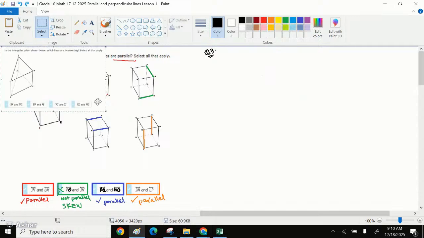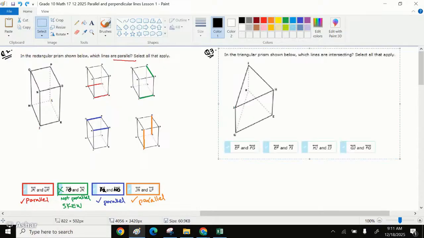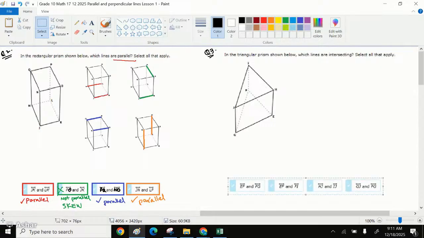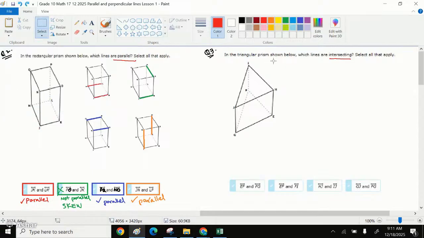In the triangular prism shown below, which lines are intersecting lines? So we just need to see which lines are intersecting. Let's make a copy of this so that we do not make changes to the original question.